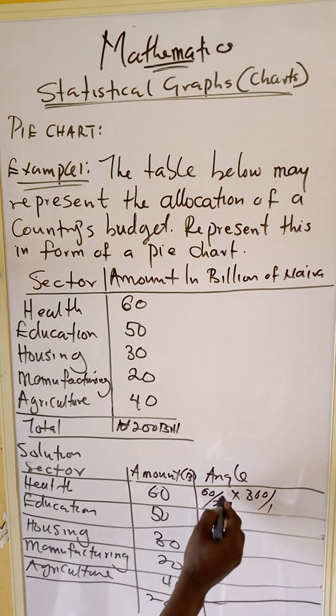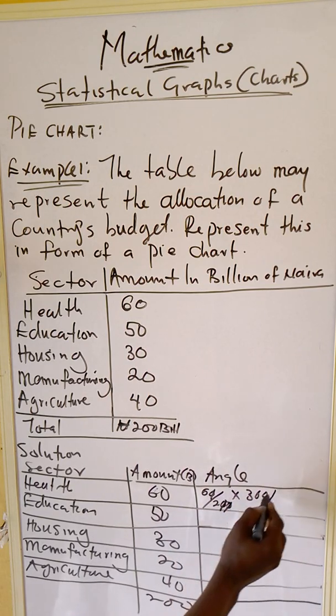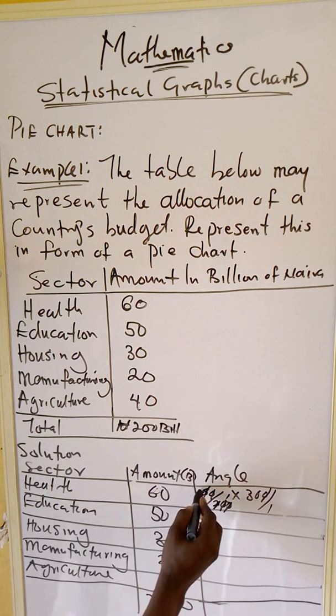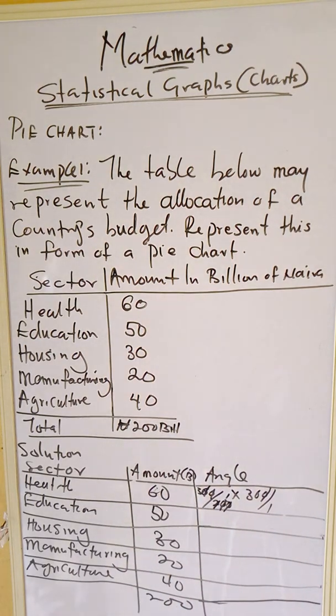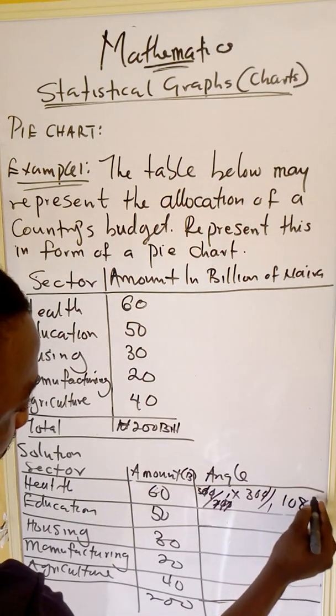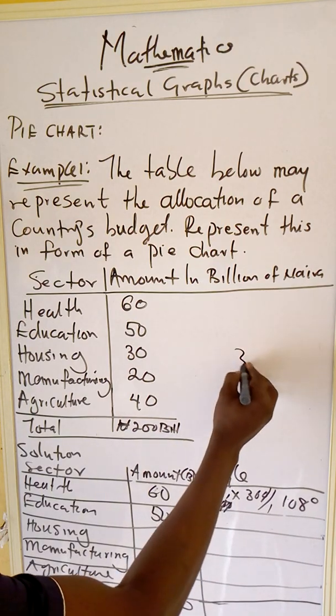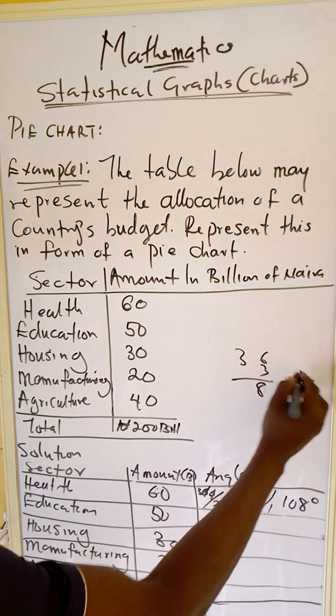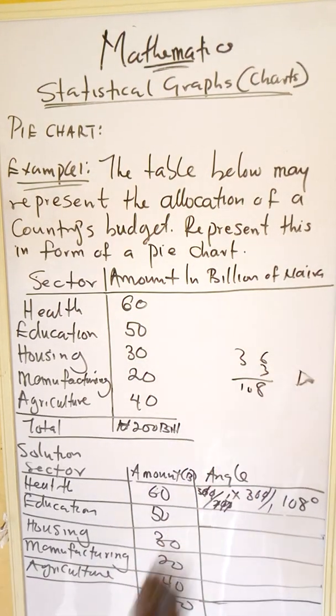This can cancel, this can cancel. 2 times 36, that gives us 108. We have 108 degrees.